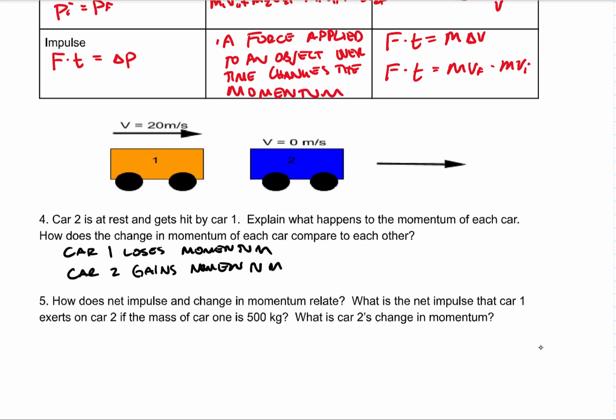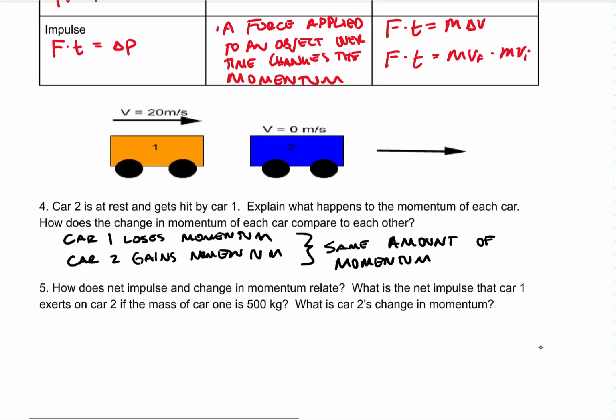Car 2 gains momentum, and what we see here is that we have the same amount of momentum being transferred between these two things. That's the conservation of momentum. The net impulse and the change in momentum are the same thing.